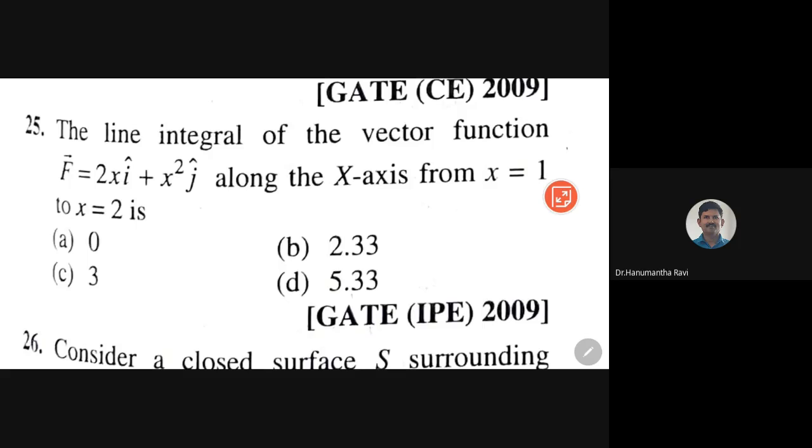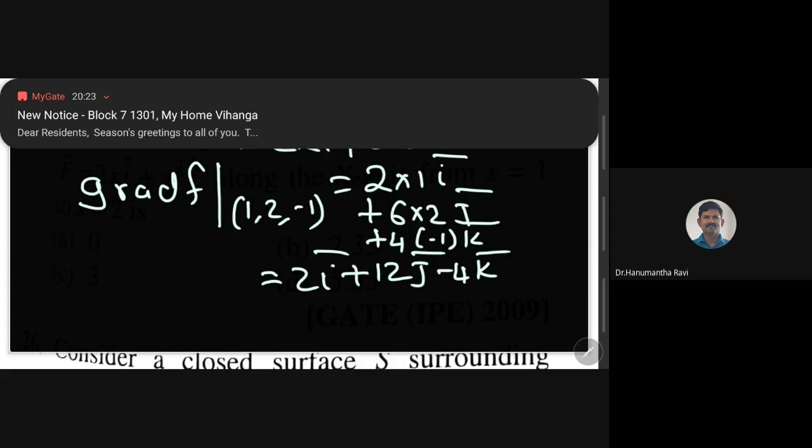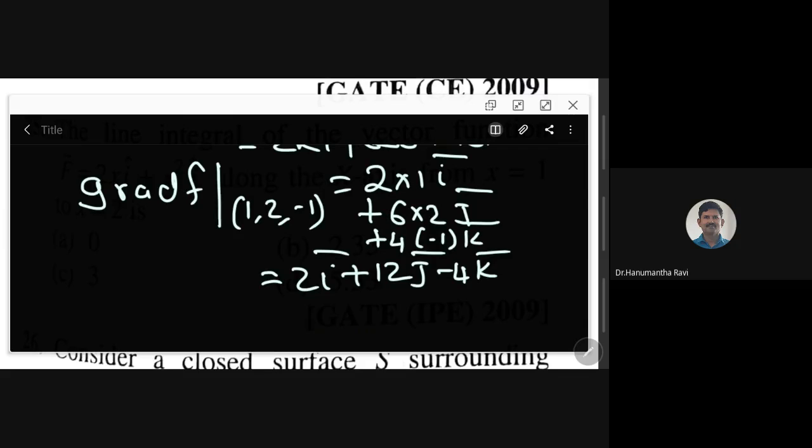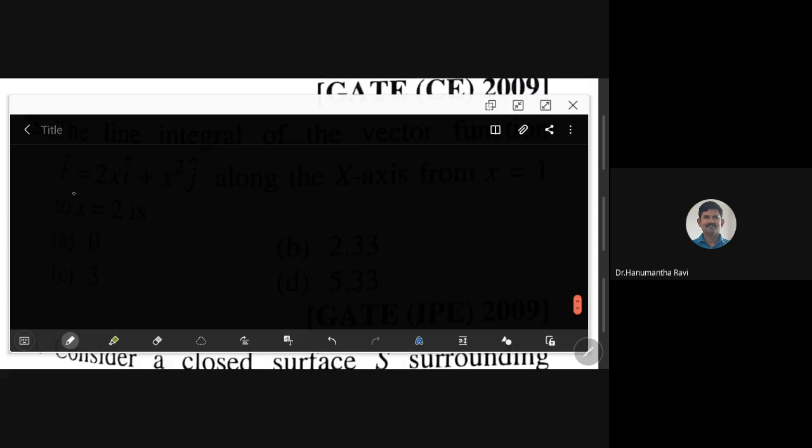The line integral of the vector function along the x-axis from x equal to 1 to x equal to 2. What are we discussing about?